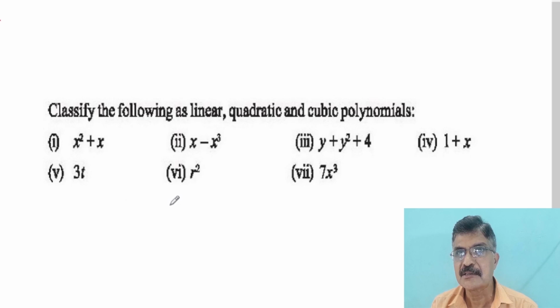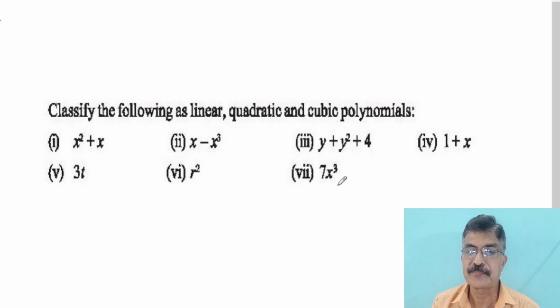Only one term. The highest power is 2, so this is a quadratic polynomial. 7x cube. Only one term is there. The highest power of the variable is 3, so this is a cubic polynomial. So all we have to do is classify. This is a label, that is, which are the linear polynomials, the quadratic polynomials and the cubic polynomials. Okay, you can do it yourself.